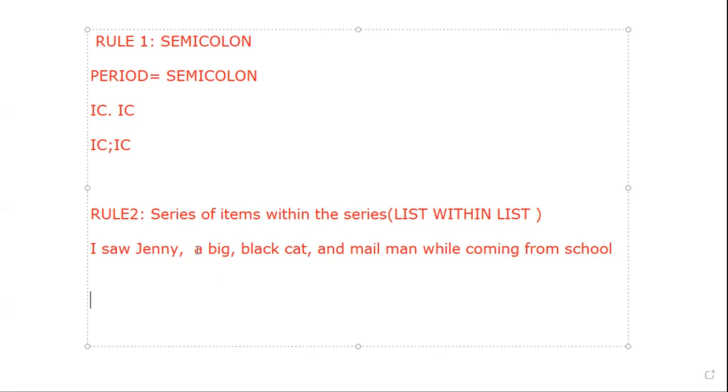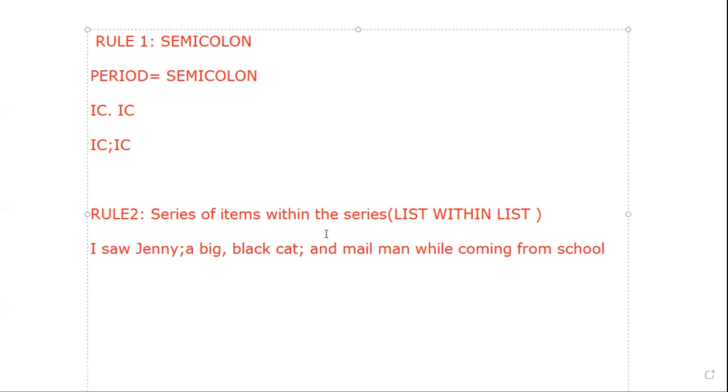I saw Jenny, we'll put a semicolon, a big black cat, because that's the entire set, and you will plug in a semicolon over here. And how do I identify this in my passage? Wherever you find and, or, connectors or conjunctions, you will certainly look out for the semicolons. The rule is very simple. When you find list within list, then you're supposed to look out for semicolon plugins.